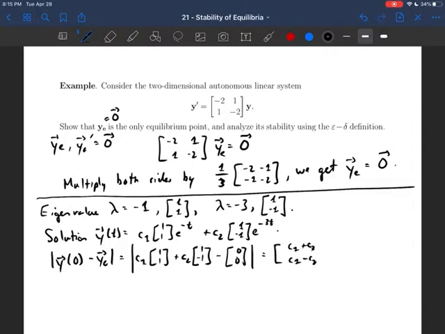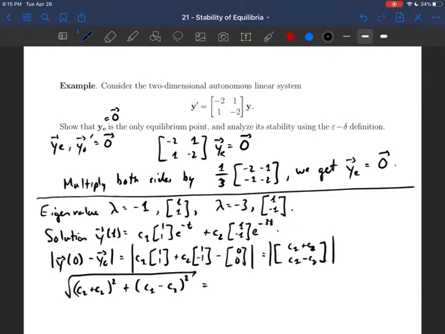Now, y of 0 is C1, 1, 1, plus C2, 1 minus 1, and ye is 0, 0. So this is the vector C1 plus C2, C1 minus C2, and we want to take its magnitude.